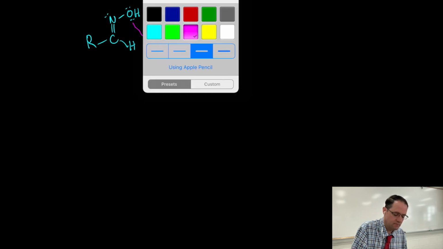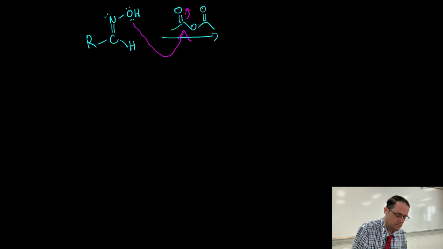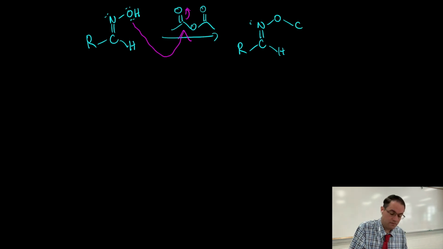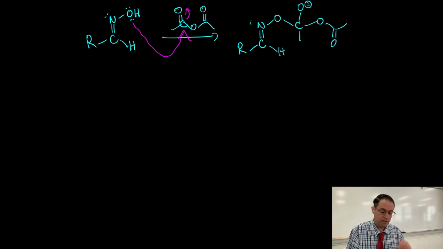We treat this with acetic anhydride. Okay? So acetic anhydride is this molecule right here. Okay, and we want to use the lone pairs on oxygen to attack here. And so that C is going to be the tetrahedral intermediate. You're going to have O minus. You're going to have acetate, which will be our eventual leaving group, and you'll have a methyl group there, okay?